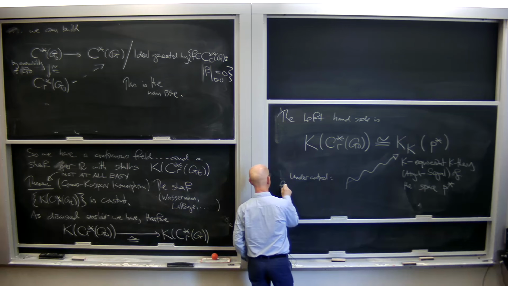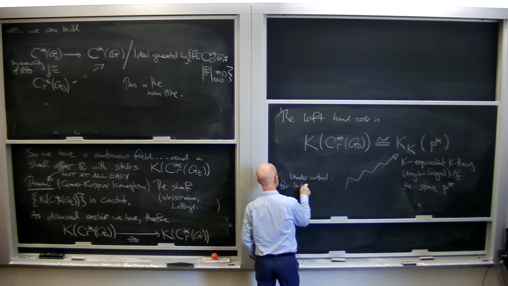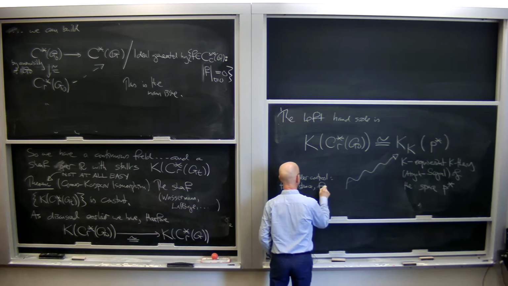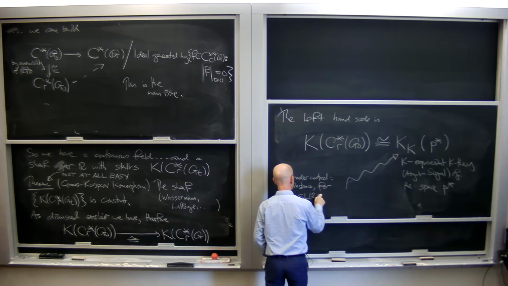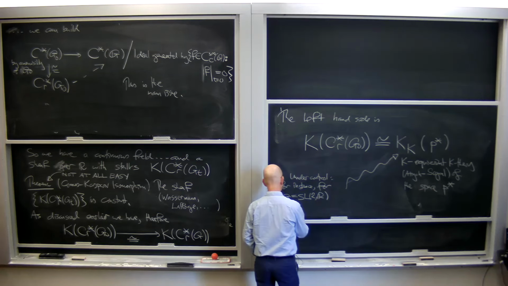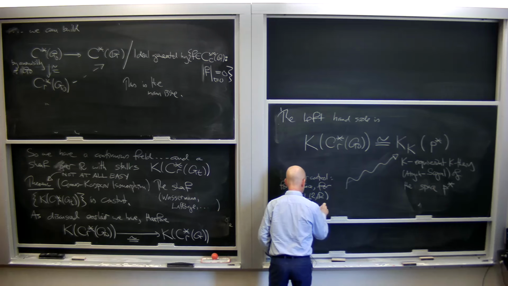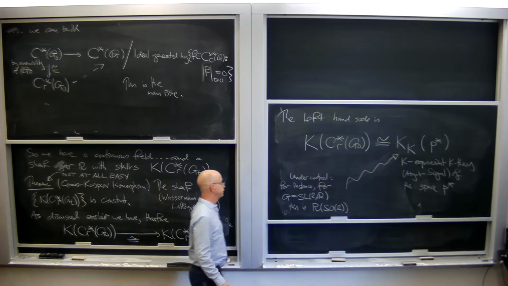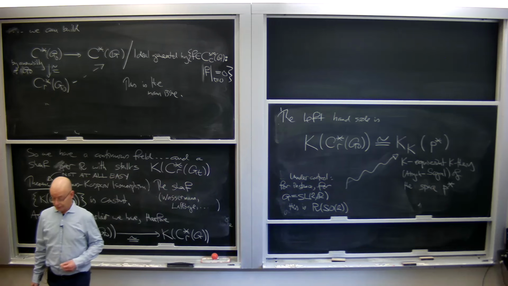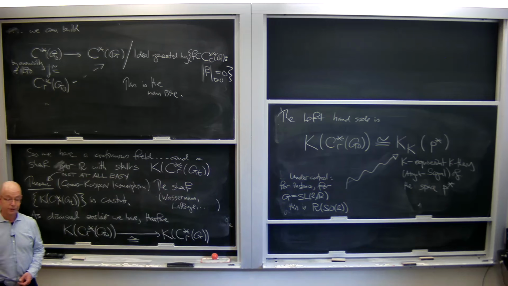For instance, if G is SL2R, this is the representation ring of the K for SL2R, which is SO2. So we have a very concrete description of what this is.